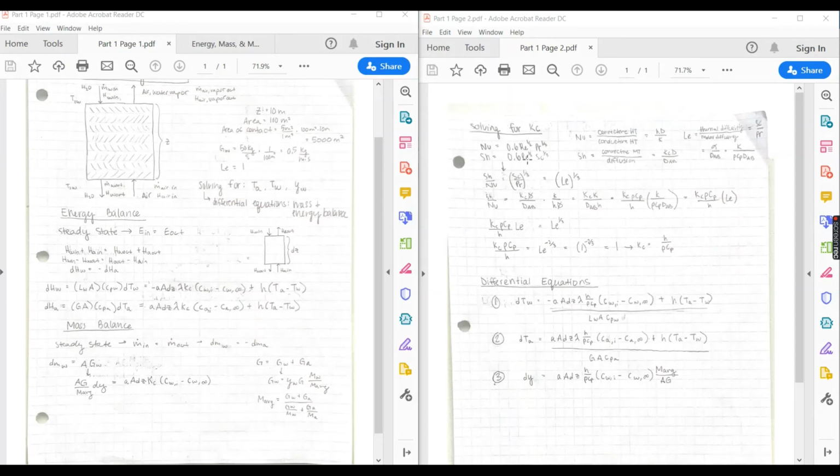The only thing that we have to change is that while in the Nusselt number we're using this Prandtl number to the 1/3, where the Prandtl number is the ratio between the momentum diffusivity and the thermal diffusivity, with the Sherwood number, because we're looking at mass transfer rather than heat transfer, we want to look at the relationship between momentum diffusivity and molar diffusivity. So in this case, we'll use the Schmidt number.